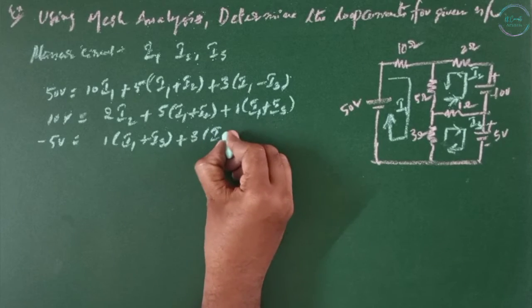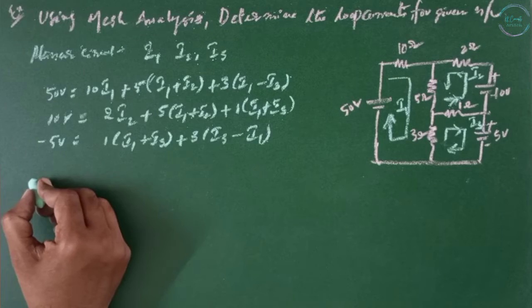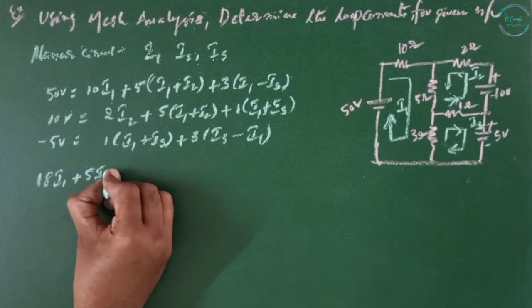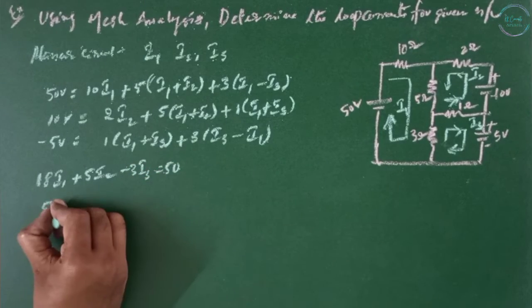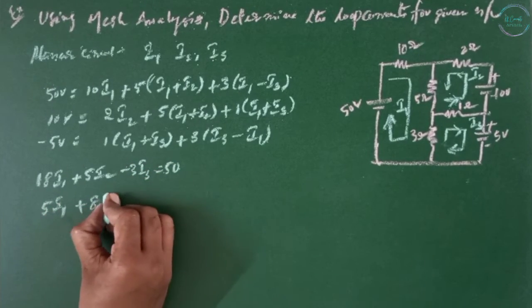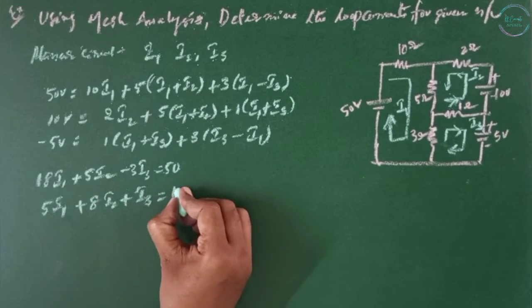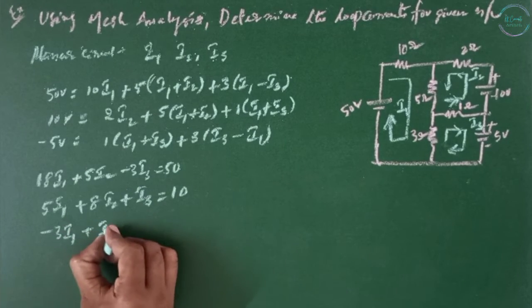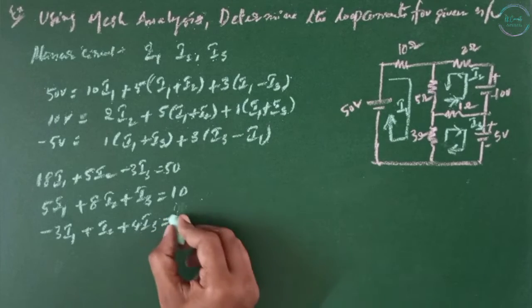So I3 minus I1. After simplification, you are going to get 18 I1 plus 5 I2 minus 3 I3 equals 50; 5 I1 plus 8 I2 plus I3 equals 10; minus 3 I1 plus I2 plus 4 I3 equals minus 5.